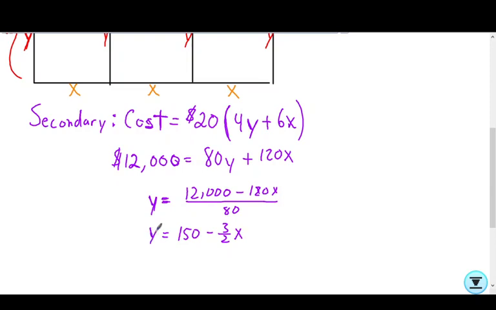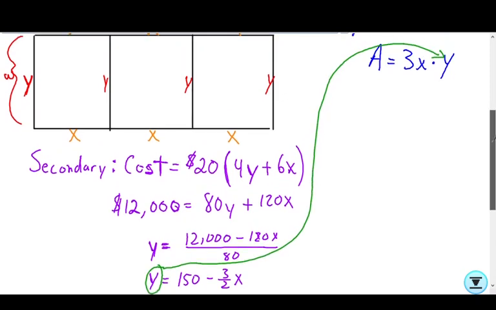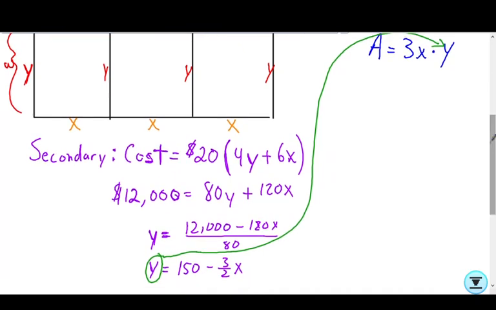So that's my y. Now I'm going to plug this y into my optimization equation, so my new area equation is 3x times 150 minus 3 halves x.